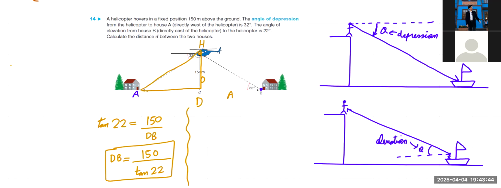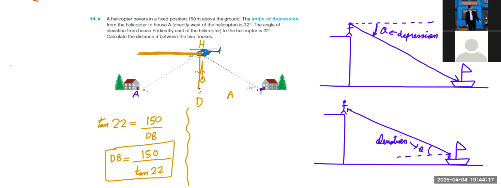So, how many things do you know about this triangle? One. Exactly. But we can't really work with that, can we? We need two things at least. So how do we find the other thing? Can you assume that's 90 degrees? It actually makes complete sense, because this is a vertical height and this is a flat line, which is where we measure the depression angle from.